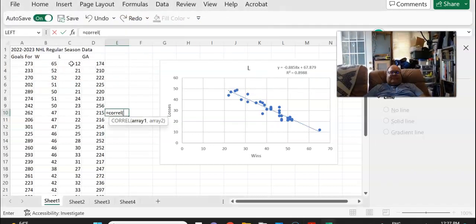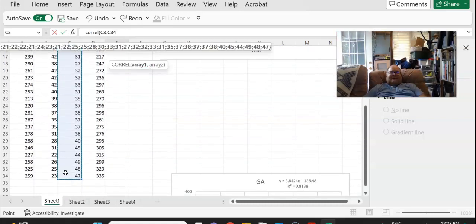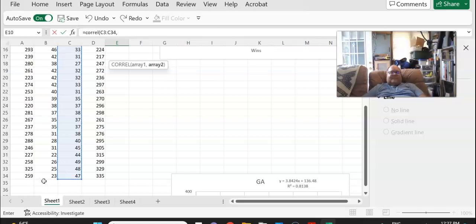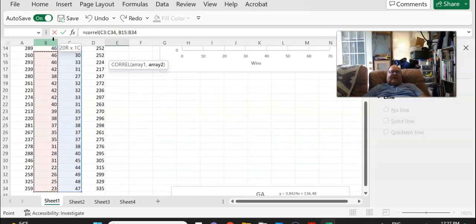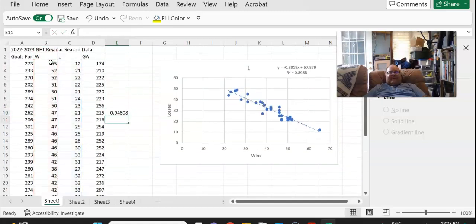Back over here, one of our arrays is this one here, comma, our other array is the corresponding wins. And we have a negative 0.948, which means the data is fairly close to our line, and it is definitively negatively sloped.